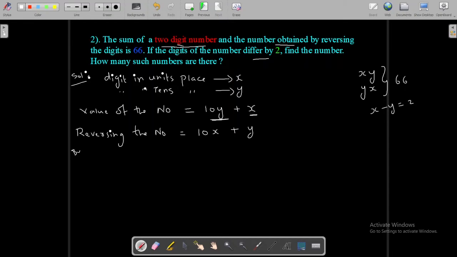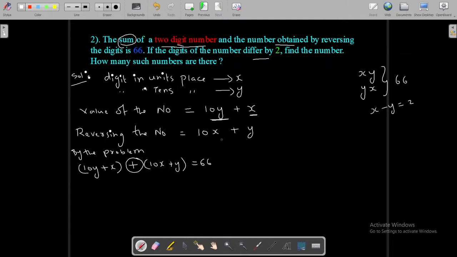According to the problem, 10y plus x and 10x plus y, their sum, is 66.